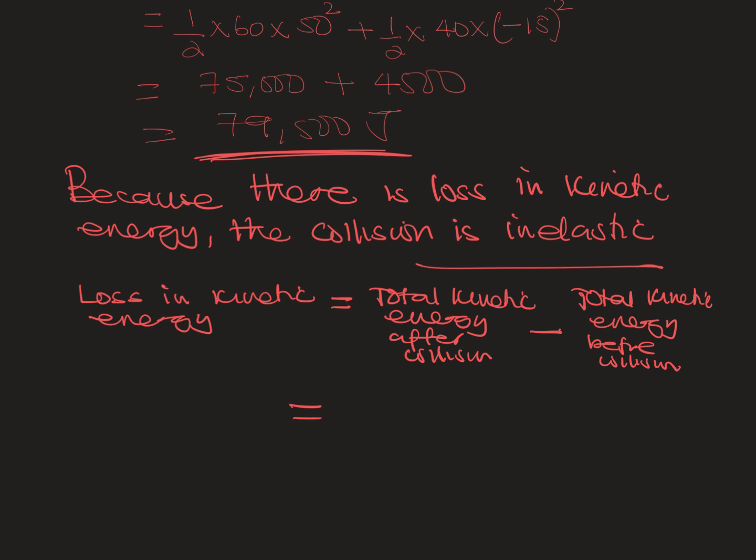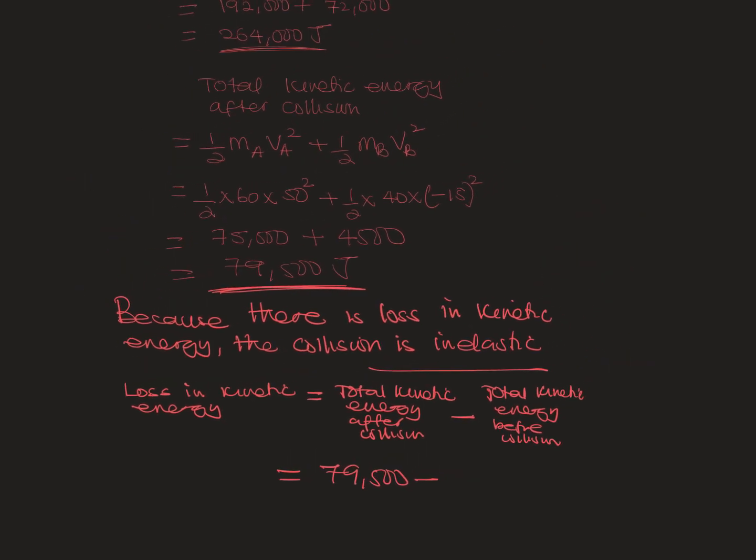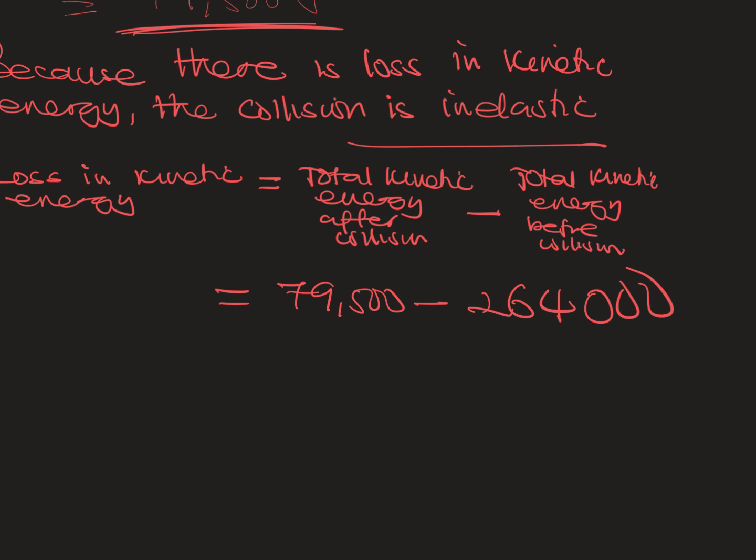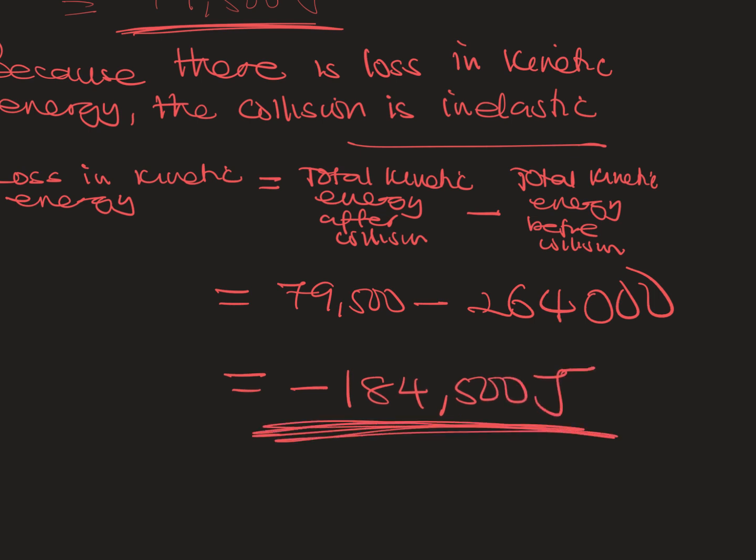That will be 79,500 minus 264,000, and that will give minus 184,500 joules. The negative sign is an indication of a loss in kinetic energy. So remember, the kinetic energy is lost into heat, sound, it can also be light, and deformation.